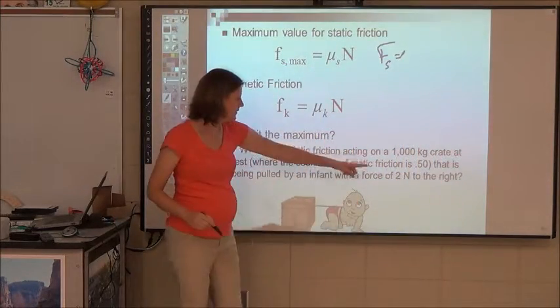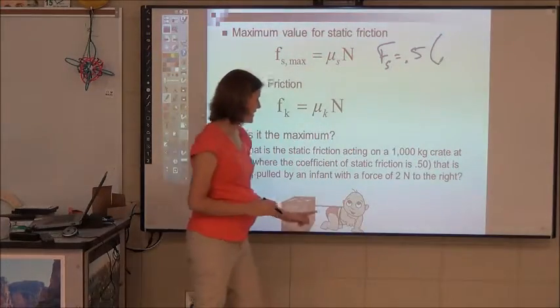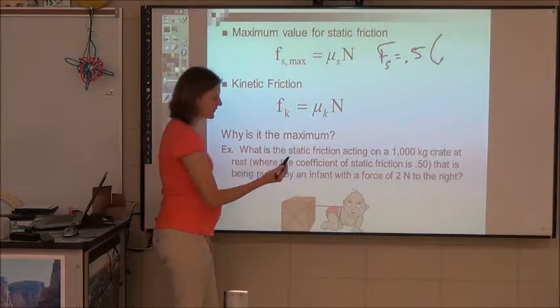Mu is 0.5. And then N. All right, well, what is N? Quick free body diagram.